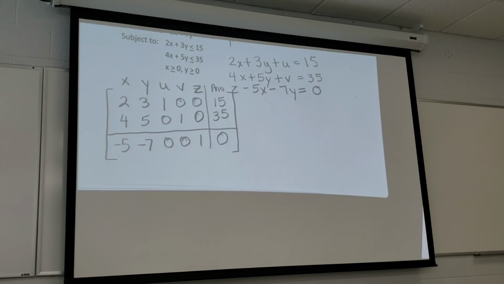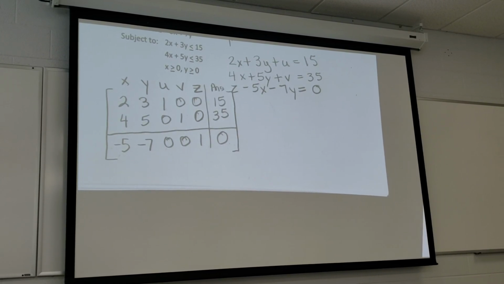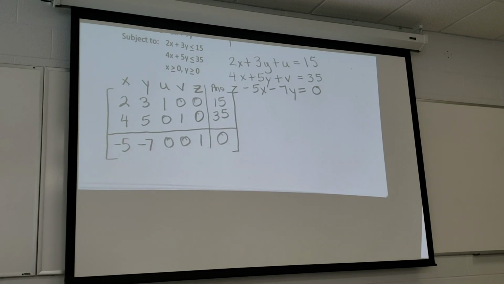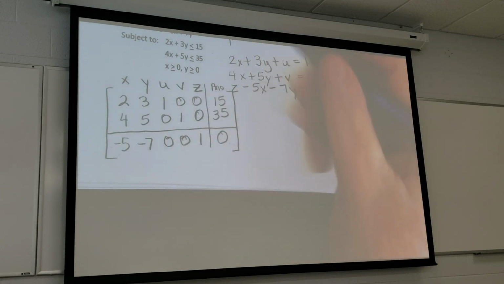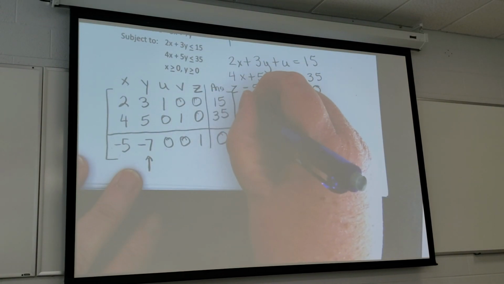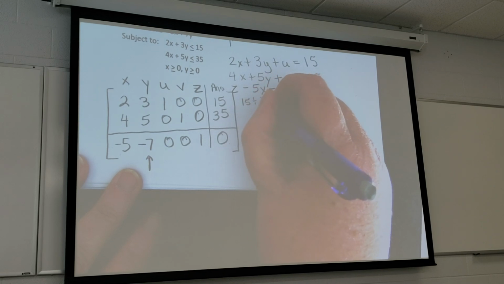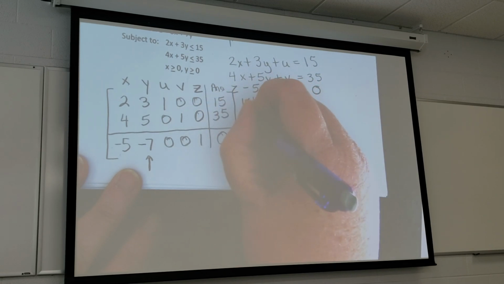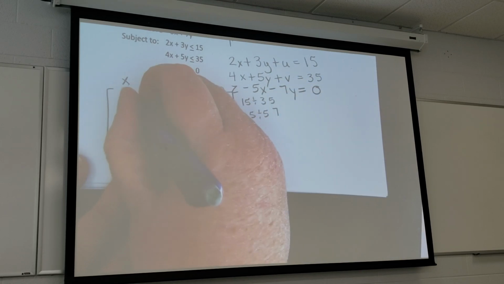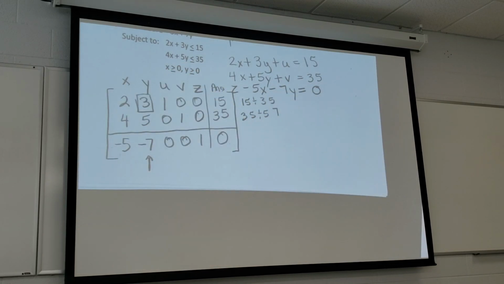So it has to be written that way. All right, not done. First I'll do my column. Most negative is -7, so it's column 2. Then I'm gonna have 15 divided by 3 is 5. 35 divided by 5 is 7, so this is my pivot row.